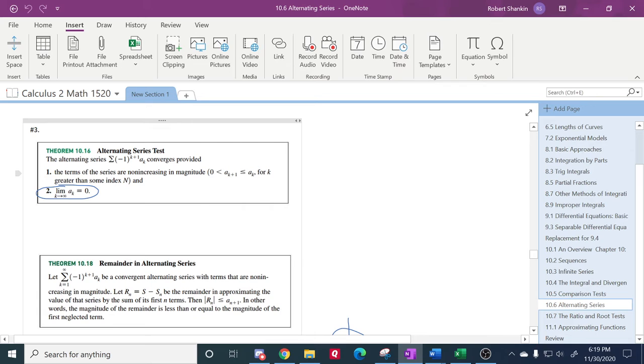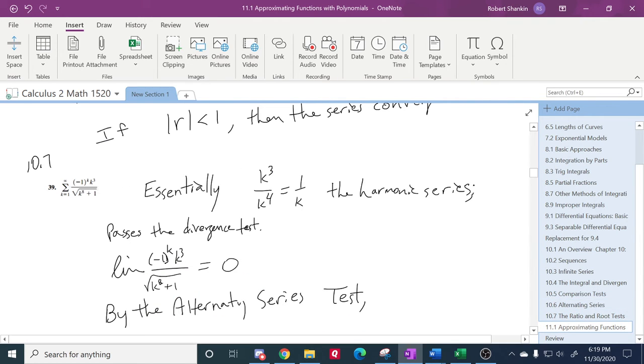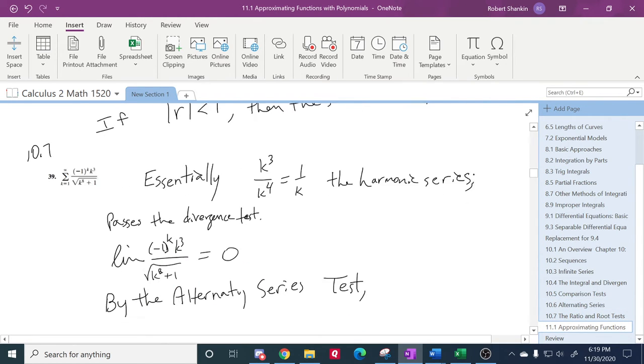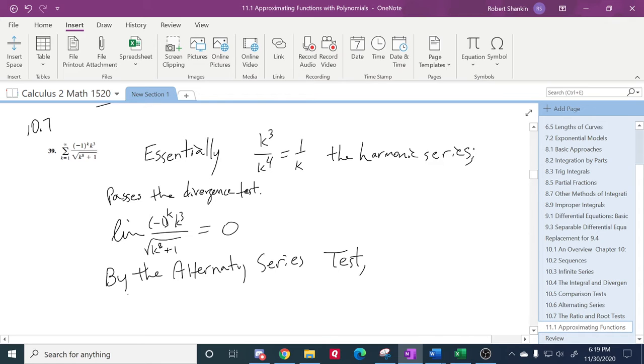An alternating series converges provided that the limit of the sequence is 0. So by the alternating series test, this series converges. All right, Kylie, does that answer your question?